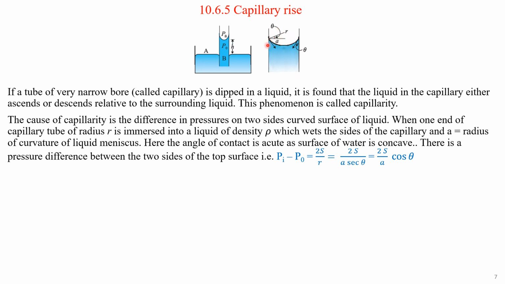See, this is the expanded part of the capillary tube. Figure A is a schematic picture of a narrow tube immersed in water. B is the enlarged picture near the interface here. So I will read once again.